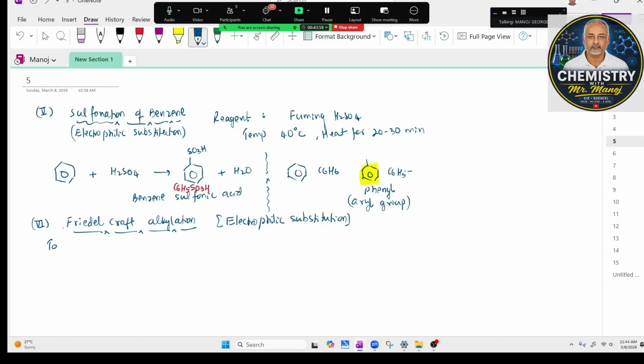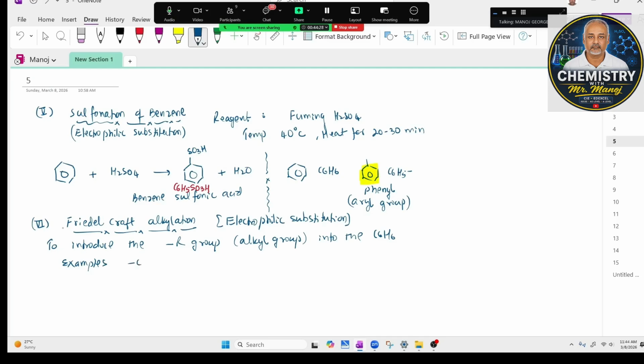Friedel alkylation is to introduce the R group into the benzene. Now, what is this R group? The R group is called the alkyl group. Let me give you some examples, which I think you should already know from the previous units.